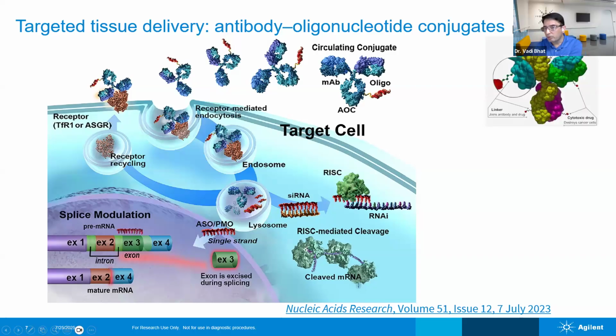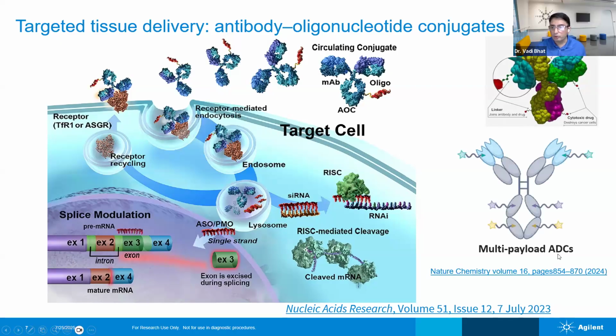Now, when you look into the antibody conjugate, people are also considering multispecific because they're looking into multiple antigen targets, so bispecific, multispecific, along with small molecules. When you look into the analytical side, it's going to be really complex. And now people are also looking into multi-payload, that means different types of drugs on the antibody.